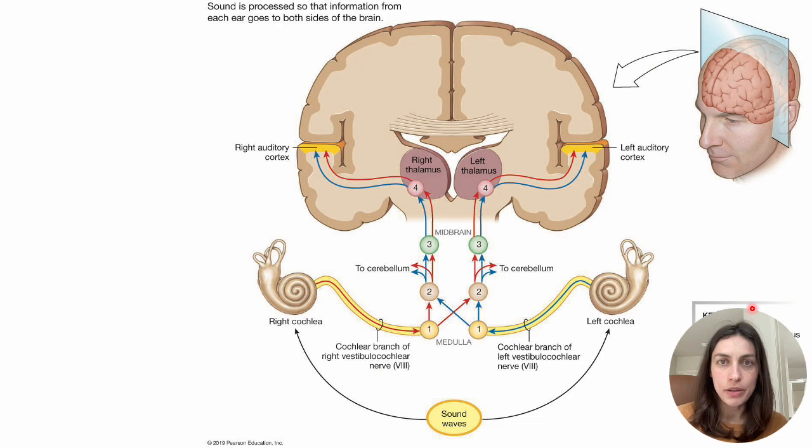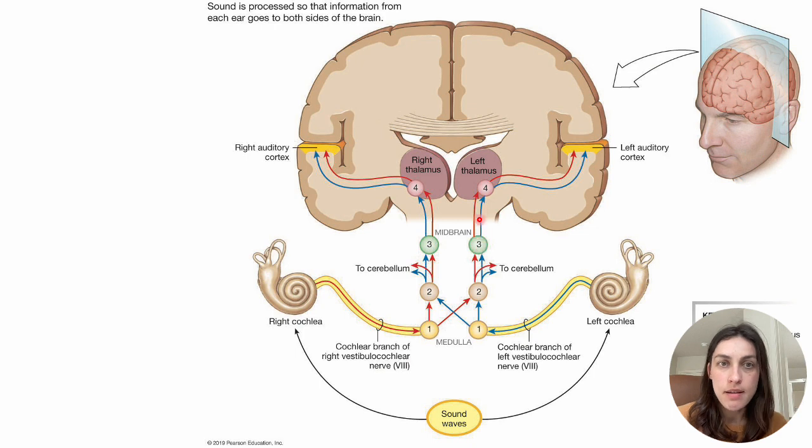You don't need to see the key, do you? So here we have a sound wave coming. It's going to hit one ear or the other, and the cochlear branch of the vestibulocochlear nerve, cranial nerve 8, is going to go, and half of it is going to decussate while the other half is going to continue on. We're also going to have some collaterals, some branching of this, move to the cerebellum, because interpreting different sounds is important in being able to stay balanced.